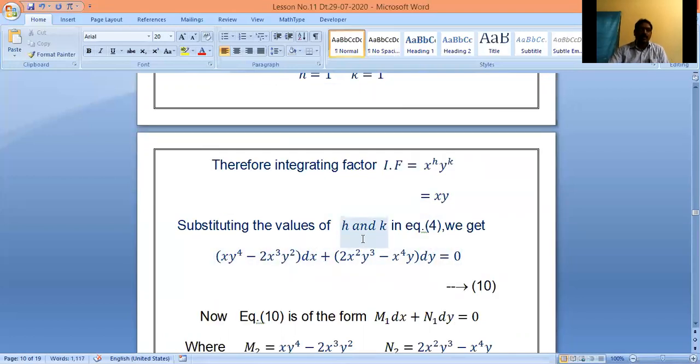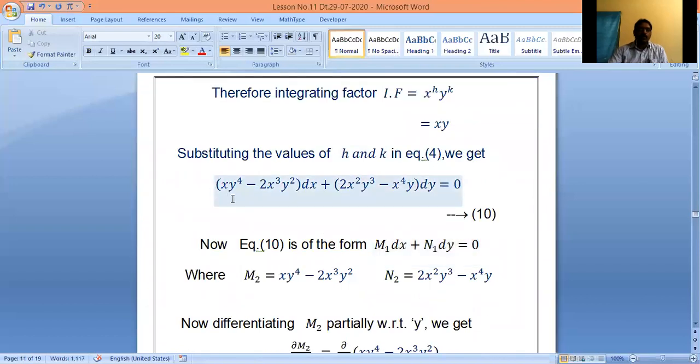Substituting the values of h and k in equation 4, we get (xy^4 − 2x^3y^2) dx + (2x^2y^3 − x^4y) dy is equal to 0. Let this equation be 11. Now equation 11 is of the form M1 dx + N1 dy. Here this is M2.